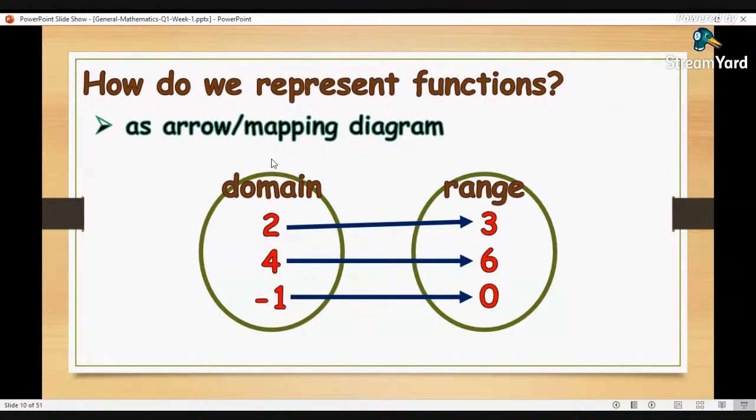Another one. To represent a function, we can represent it as an arrow or mapping diagram. Like this one, the domain is mapped to the range. So we have arrows from the domain to the range. This one also represents a function.